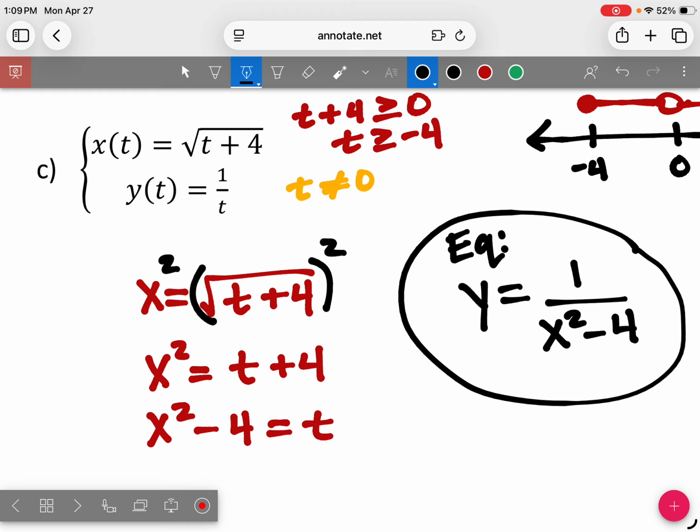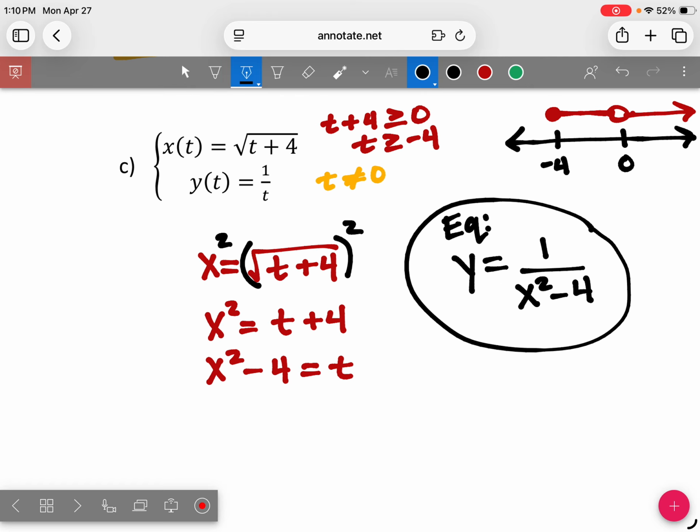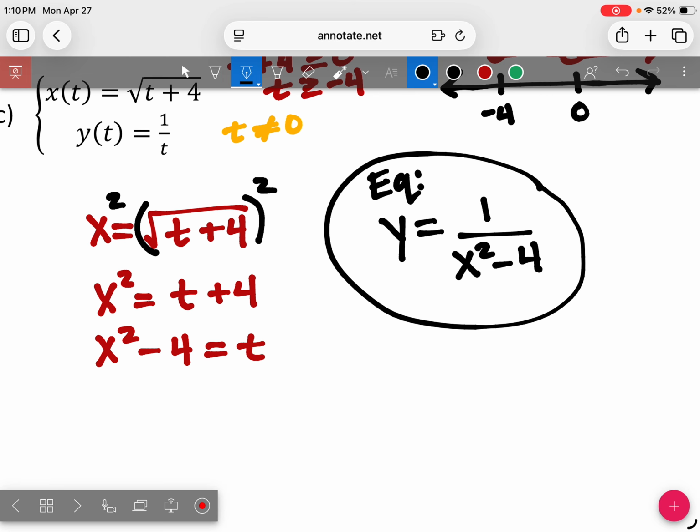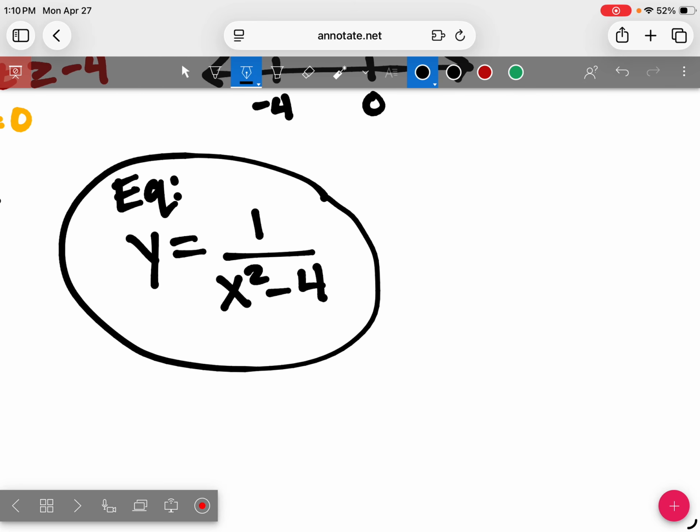But I want you to notice that I have a whole new problem now. Because now I have x squared minus 4 in my denominator. So we need to know that cannot be 0. So x squared minus 4, that can't be 0.